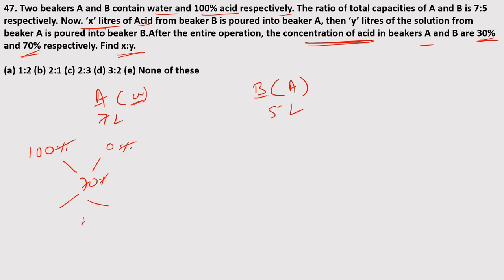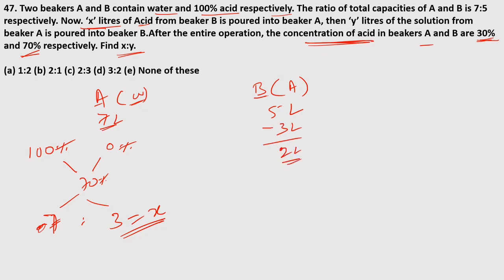Initially in beaker A 7 liters were present, so this 7 is already satisfied, so this 3 has to be the value of X, which is coming from B. If 3 is coming from B, then I am left with only 2 liters in case of B.